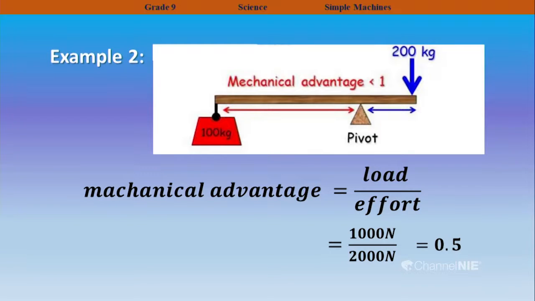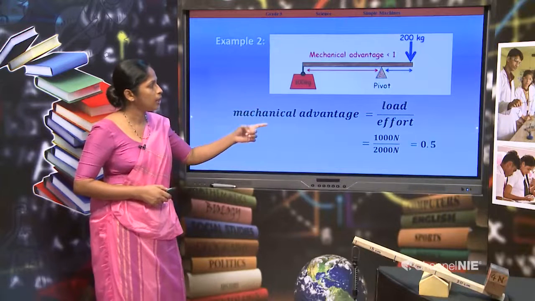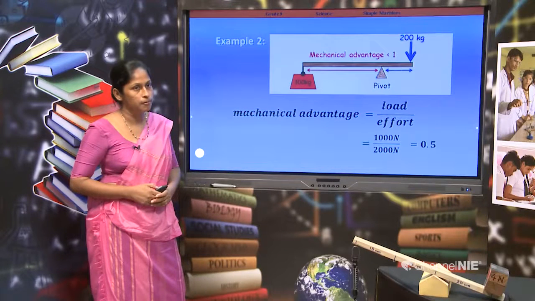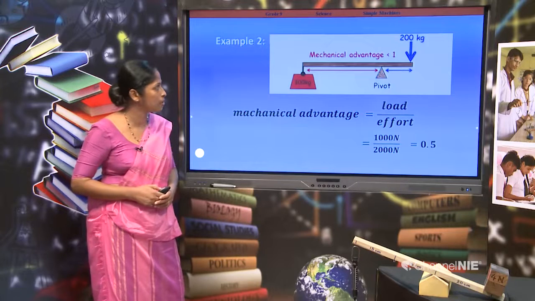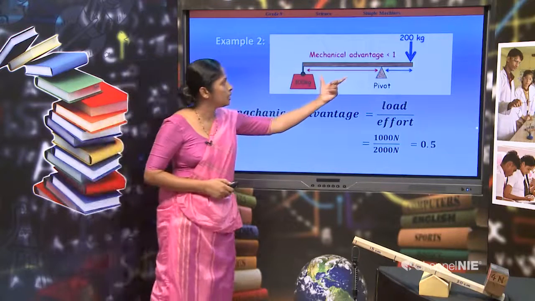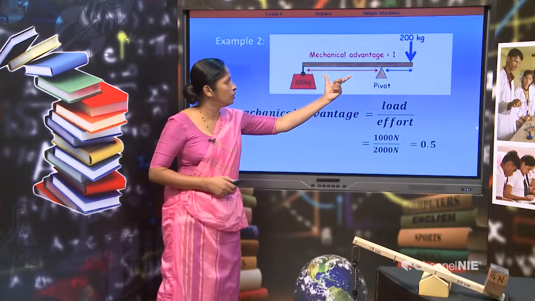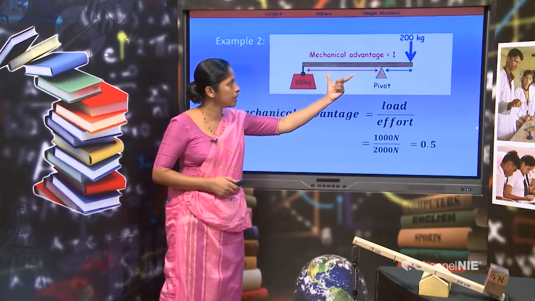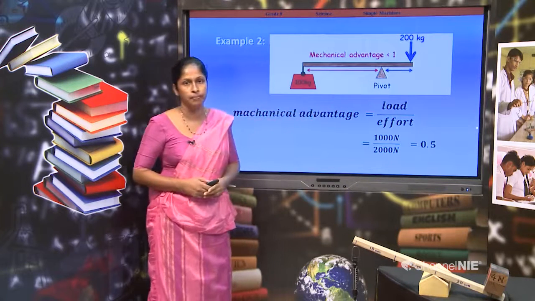You know, mechanical advantage, 1000 divided by 2000, is 0.5. Mechanical advantage is less than 1. Let us see what has happened. Here the load arm is greater than effort arm.